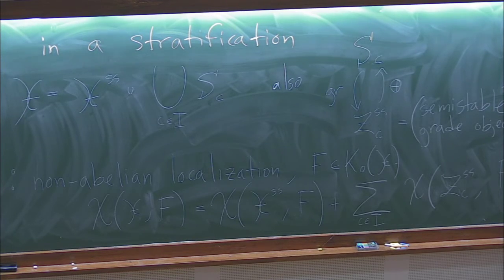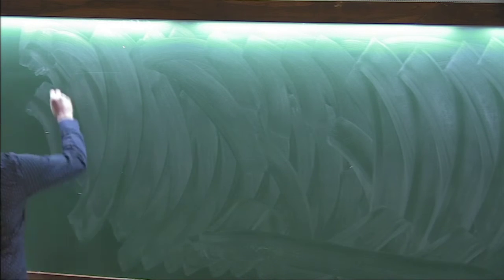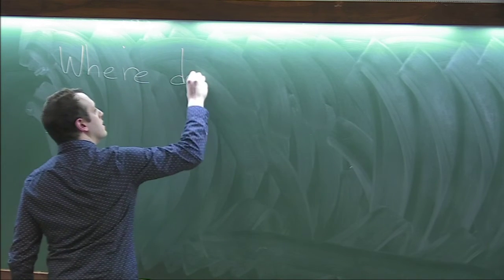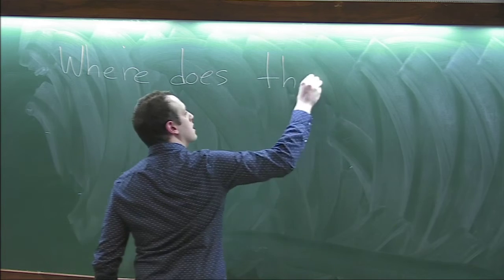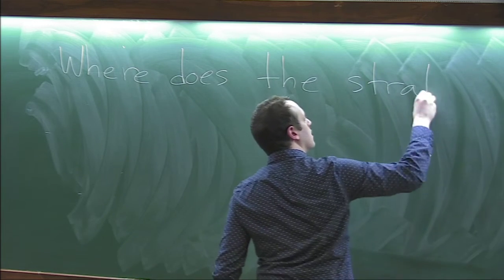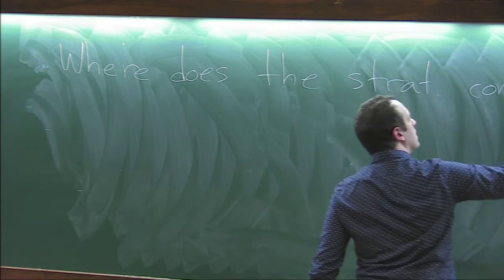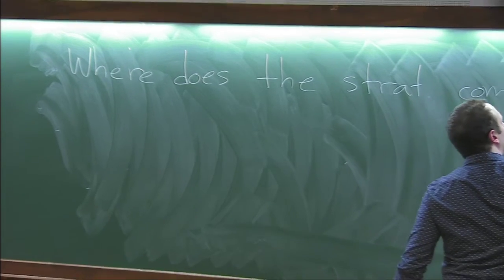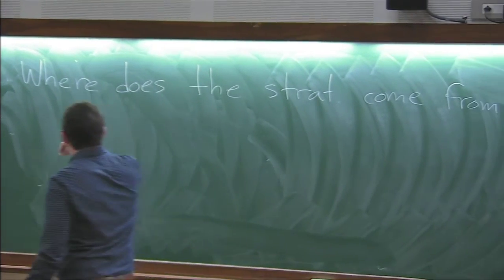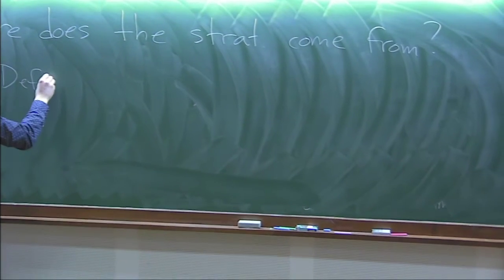Okay, so all right, I guess what I'd like to say is the following. So that's the motivation. So the question is, where should the stratification come from? Okay, so I'll give you a definition.